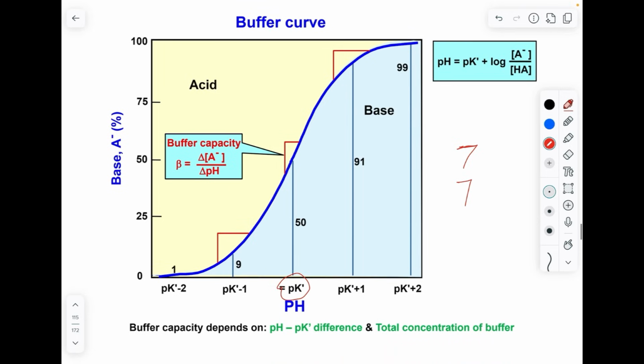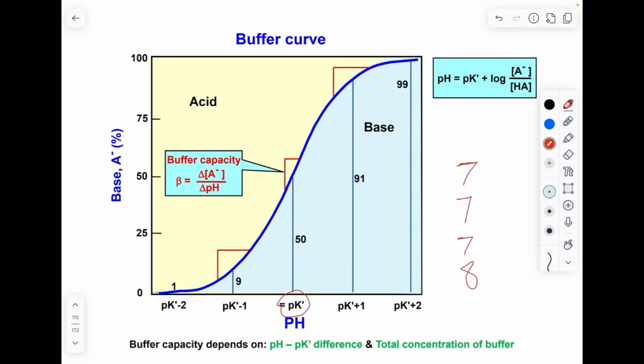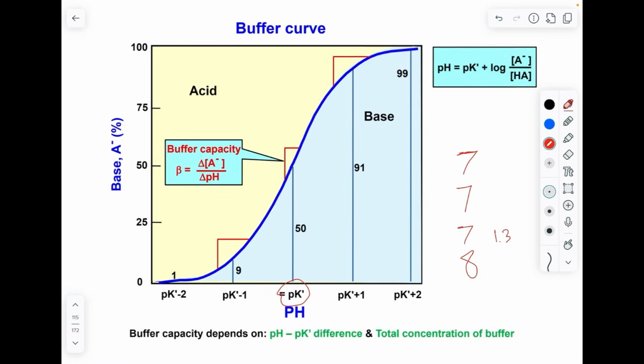If the pK of the buffer is 7 and the pH is 8, then it will not function as well. But where do we draw the line? When do we say that this is good and this is bad? At what number? Well, I'll tell you, it's a 1.3 difference. This is what the curve is telling us. I will not go deep into the curve because it will be too much and it's not really needed. You just need to know this number. If you have a difference between pH and pK of 1.3 or more, then it's not a good buffer.